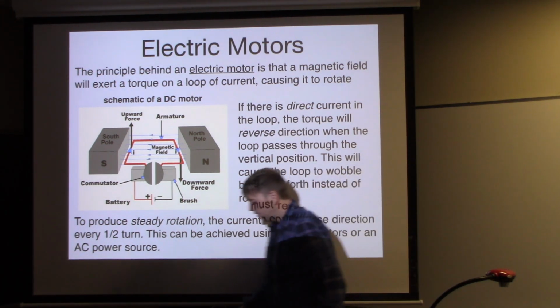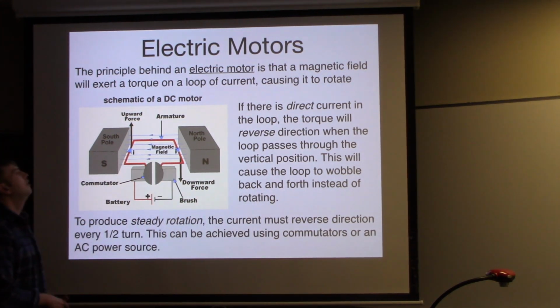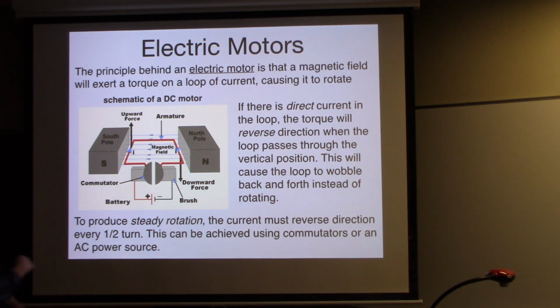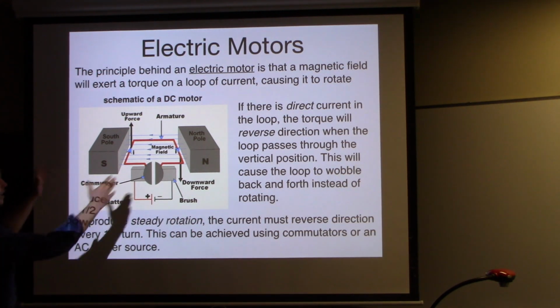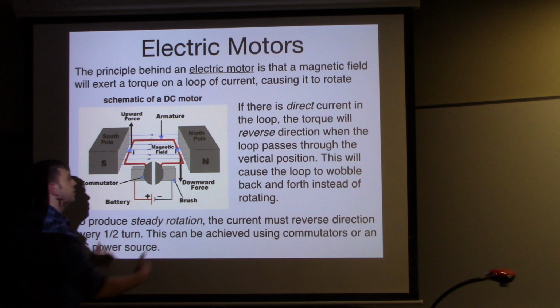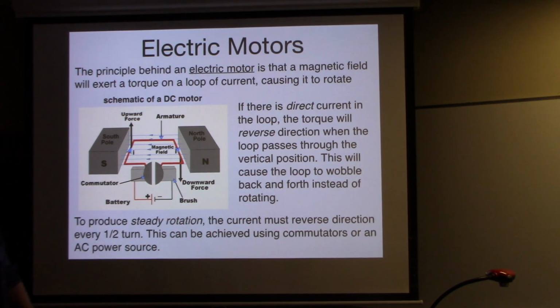So this is a basic schematic of what we call a DC motor. Let me point out a few different things here. The first is we have the north pole of a magnet and the south pole of the magnet on either side, which means we're going to have a strong magnetic field in the middle going from the north pole to the south pole.